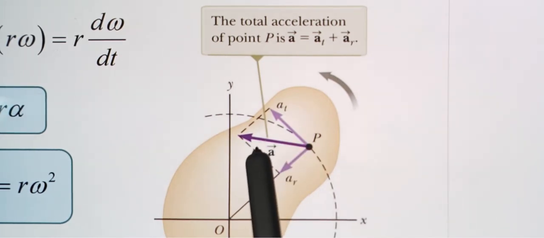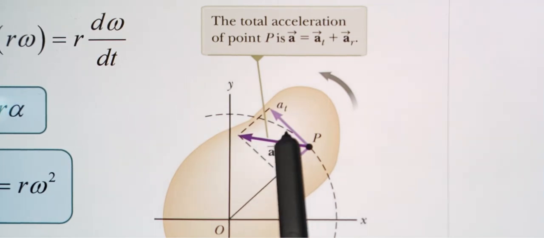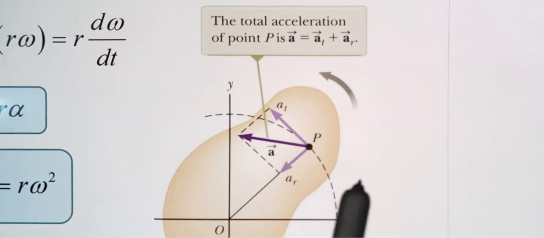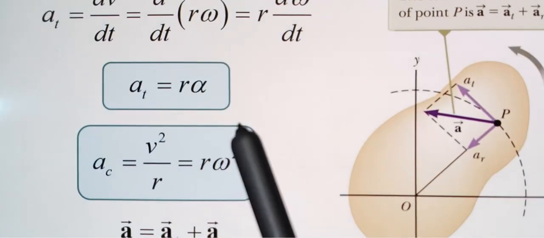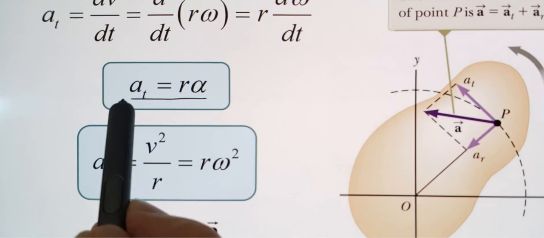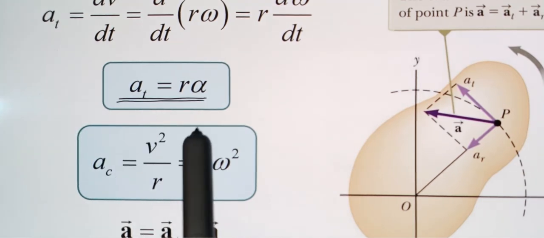And we did that before. It's just a summation of those two vectors. We know this. We covered it just 5 minutes ago.